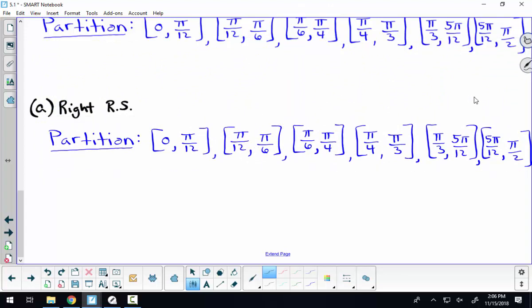Partition found previous, and all it means to use the right Riemann sum is for each of those rectangles to use the right endpoint. So we're going to use the right endpoint here, and so all of those values are going into the function to get the rectangle's height.